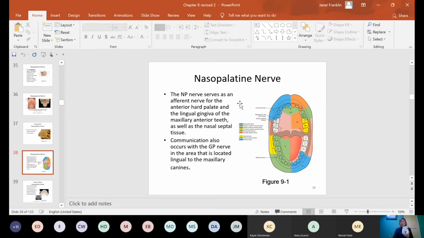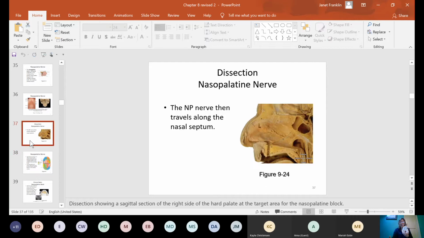And this green area right here is where your nasopalatine nerve is going to innervate. Again, same thing as with the greater palatine, the nasopalatine is one you normally won't give. It makes your eyes water. It makes you feel like you got hit in the nose because it does travel along the nasal septum.